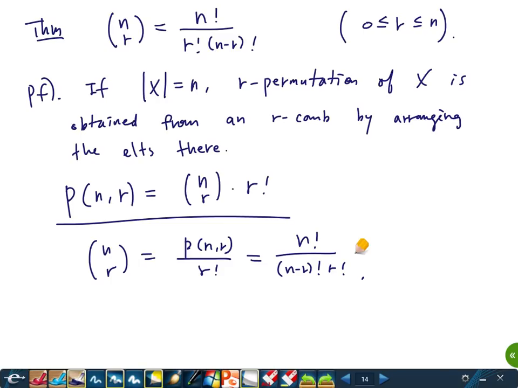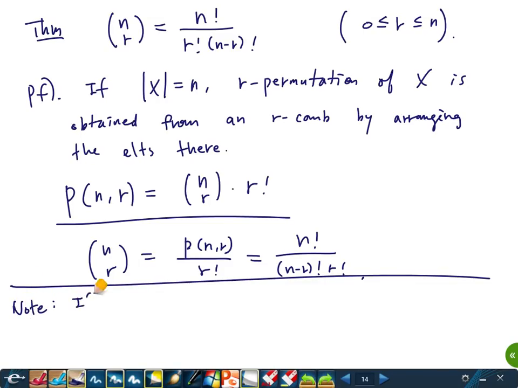So note, if R is greater than n, then n choose R is 0. Okay? Because the number of R subsets of an n-element set is 0.